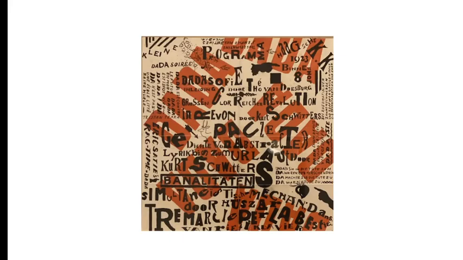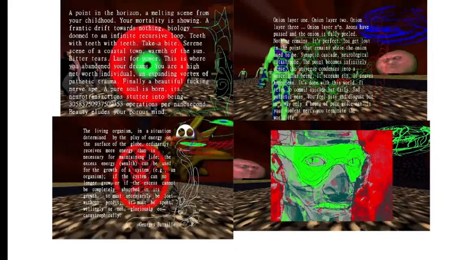Both, I think, are great. But the Dada poster really captures the movement and elements of its time, and Cruelty Squad captures its own chaotic nature.